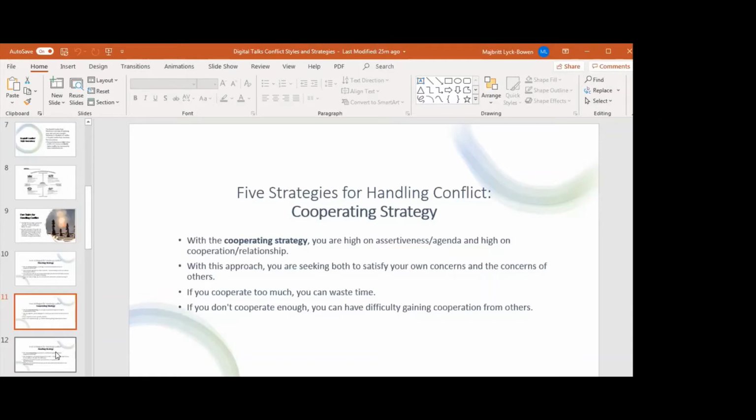Now, the problem with this one can be that if you cooperate too much, you can waste time. When you use this strategy, it can mean that reaching a decision can take a very, very long time, especially if whoever you've got that disagreement with has very strong opinions and you have very strong opinions as well.